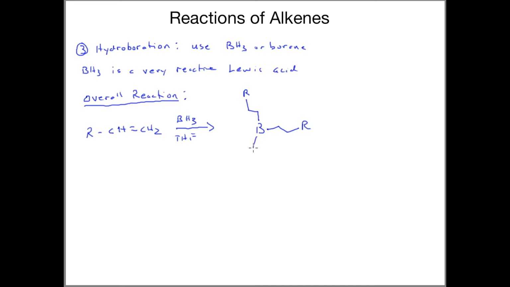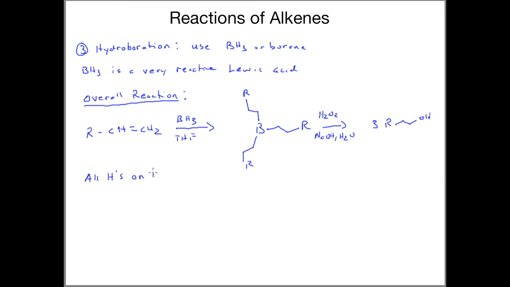And so we end up with something that looks like this, where we've now added this BH3 across the double bond. And so for part number 2 of our reaction, BH3·THF would be step 1, you would write that with number 1, and then we would use our H2O2, hydrogen peroxide, sodium hydroxide, and water as number 2. Notice that we now get 3 OHs. Right, so it's a 1 to 3 reaction mixture here.